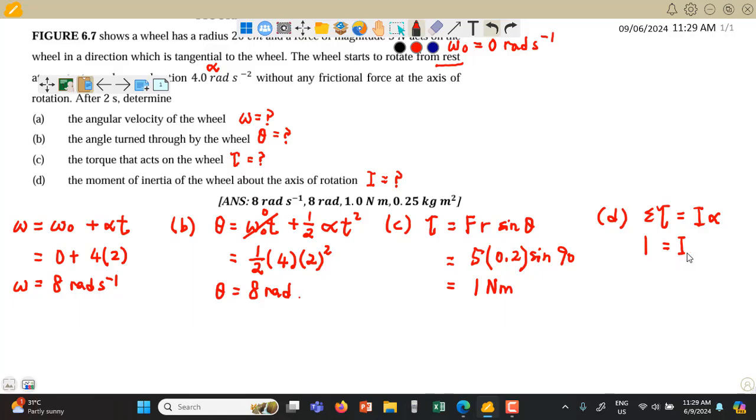We want to determine the value of I, and the angular acceleration for the wheel is 4 radian per second squared. So we do the calculation, and we will get the moment of inertia to be 0.25, and the unit for moment of inertia will be kg meter squared.